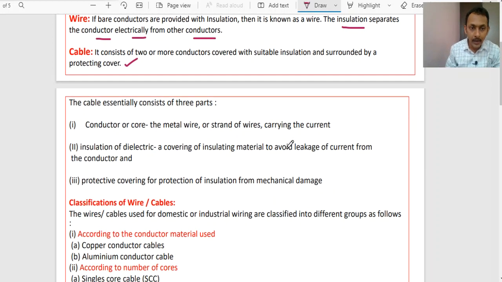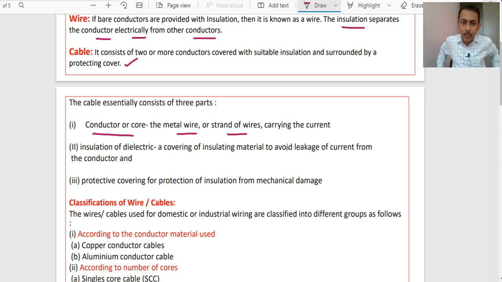One is the conductor or core, which is the metal wire, or strand of wires, carrying the current, right? All these are one and the same. You can call it either a conductor or core or a metal wire or strand of wires.